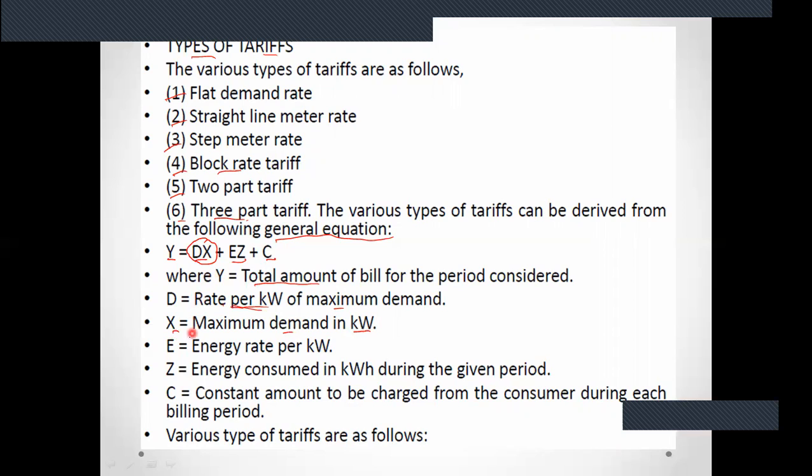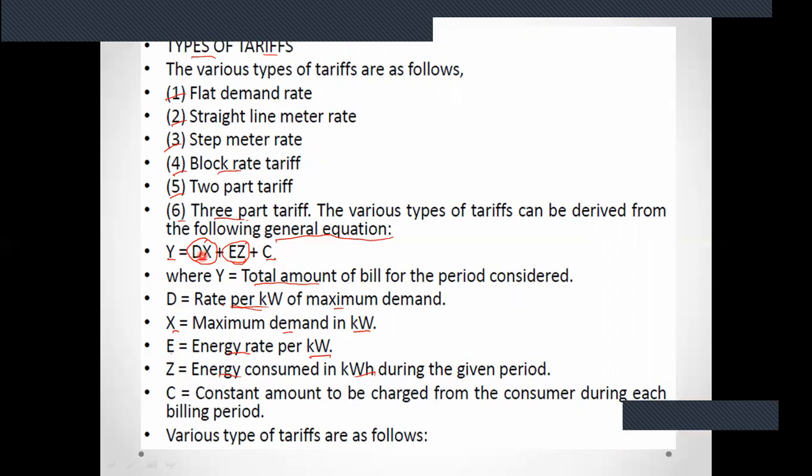Then what is e? e is the energy rate, per kilowatt hour, and z is the energy consumed in kilowatt hour during the given period. So e multiplied by z: e is for the energy rate and z is for the energy consumption.